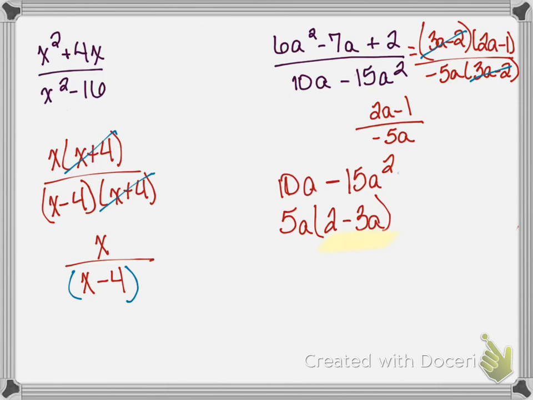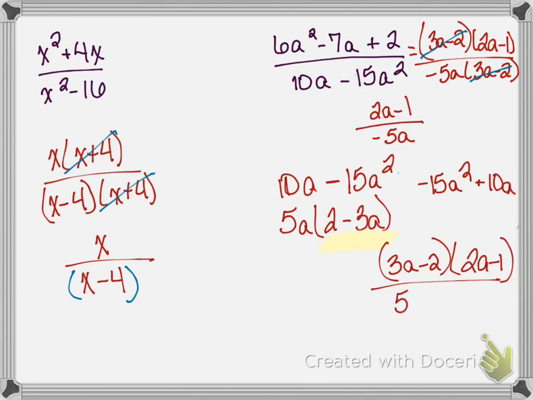And that's okay, because if you don't realize it till right there, then you just go back and rewrite it as negative 15a squared plus 10a. Now, some students will get to the point where they will write 3a minus 2 over 2a minus 1, 5a times 2 minus 3a, and they may not realize it's written backwards until this point.